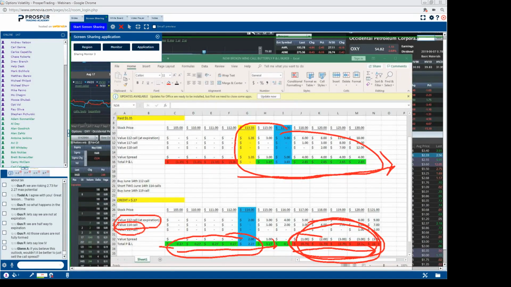Sell which call spread, Gus? Or Glenn? Sell which call spread? So if I sell that, where's my risk? And what is my risk? Now I have a massive amount of risk.